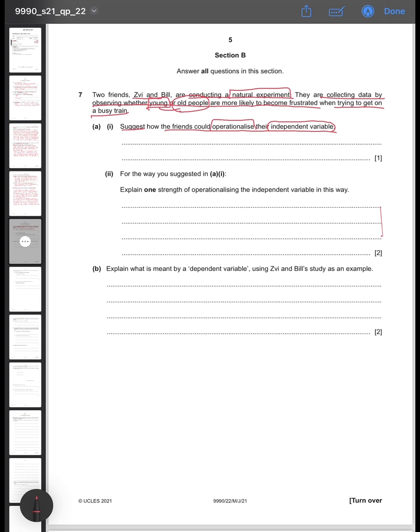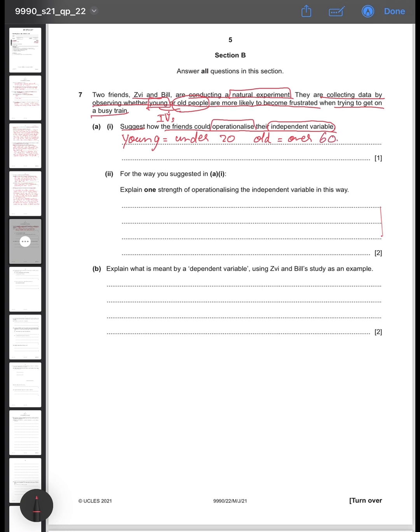So these two are the independent variable, the IVs. Now we need to suggest how they can operationalize it. So you can write any number as per your own wish. You can write that, for example, young can be under 20 and old can be over 60.